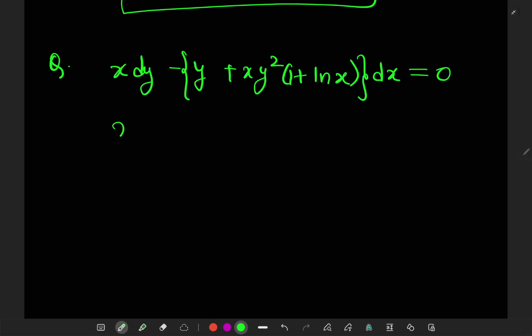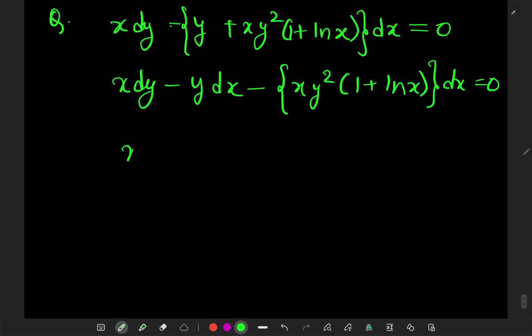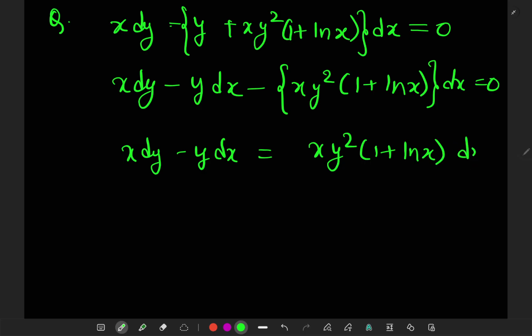Here you can see, if we multiply this minus term, now taking y square common, and this here is multiplied.